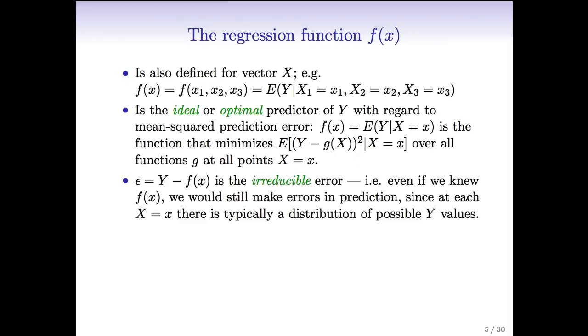Now, at each point x, we're going to make mistakes if we use this function to predict y, because there's lots of y's at each point x. The errors that we make, we call them epsilons, and those are the irreducible error. You might know the ideal function f, but of course it doesn't make perfect predictions at each point x, so it has to make some errors, but on average it does well.